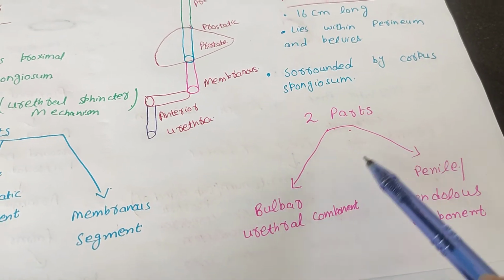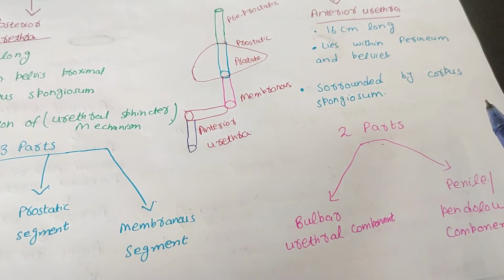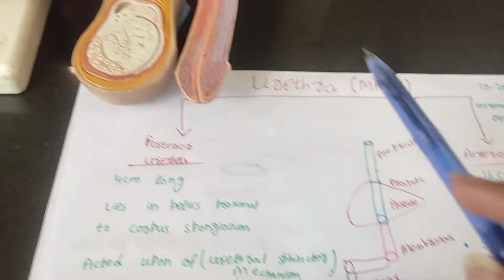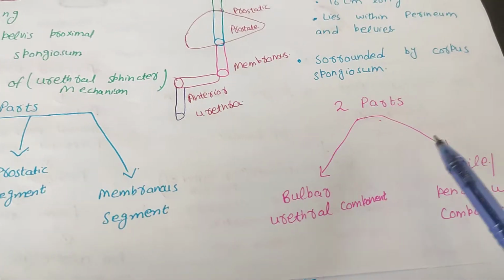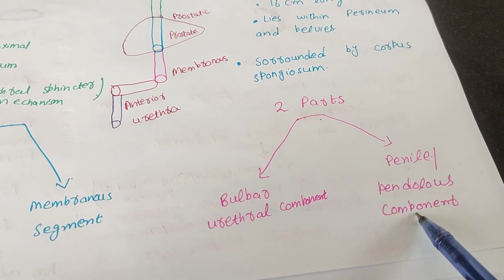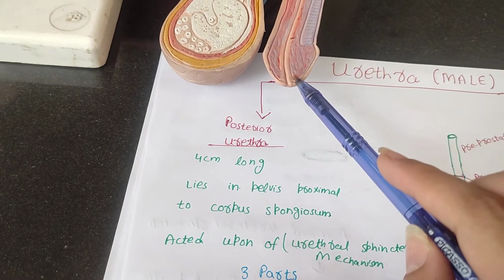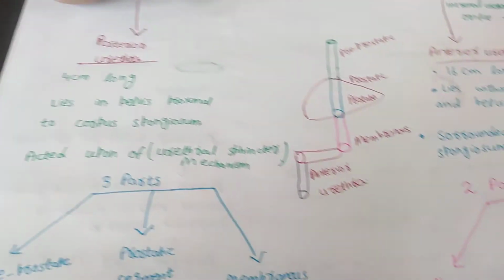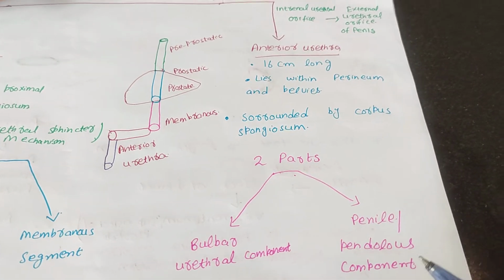This one is known as the bulbar part, because it is covered by the bulbospongiosus muscle, which was this one. And then we have the penile or pendulous component, that will be this penile gland. So the anterior urethra has 2 parts, the bulbar urethral component and the penile pendulous component.